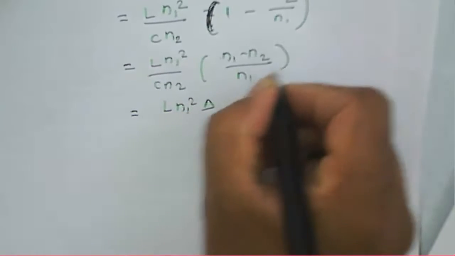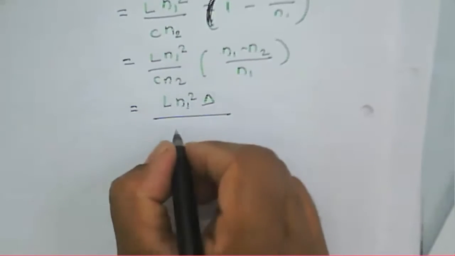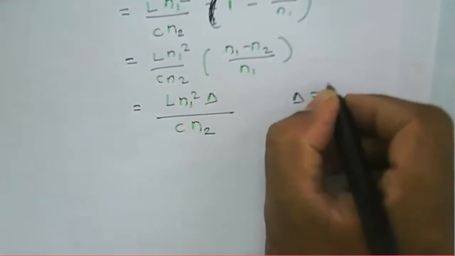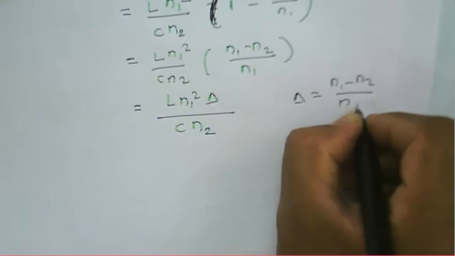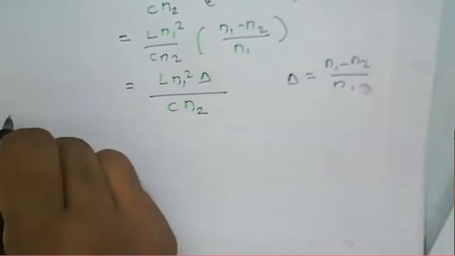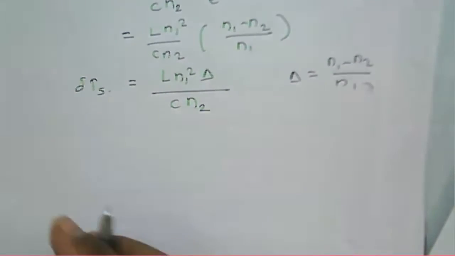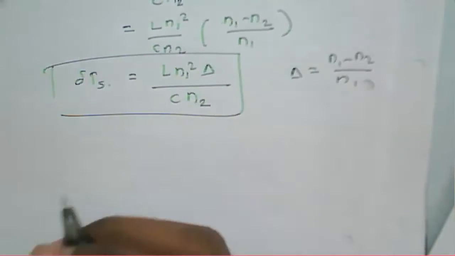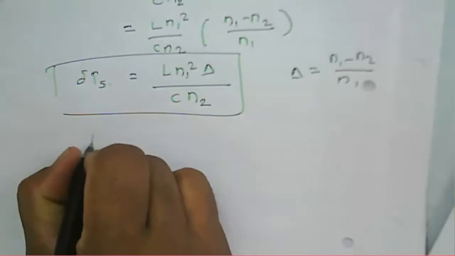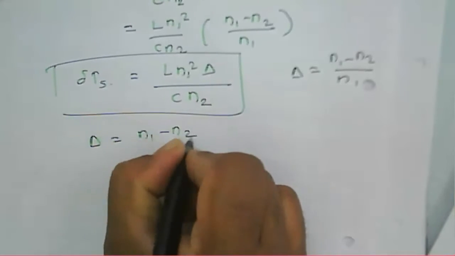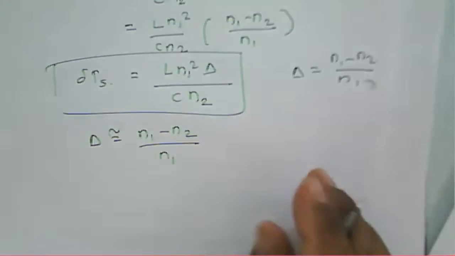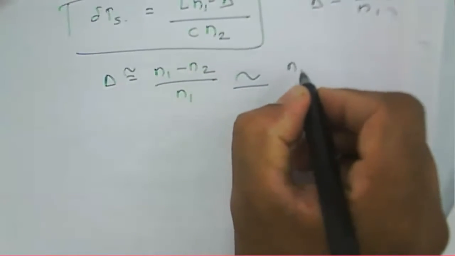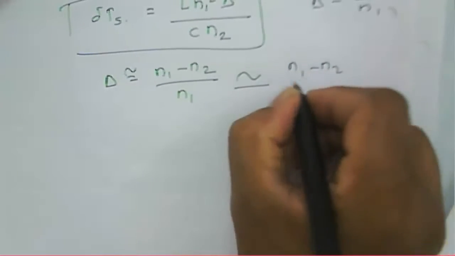That is equal to L n1 square del by C n2, since we know that del is equal to n1 minus n2 by n1. So that is the delay difference. We can also write that del is approximately n1 minus n2 by n2.